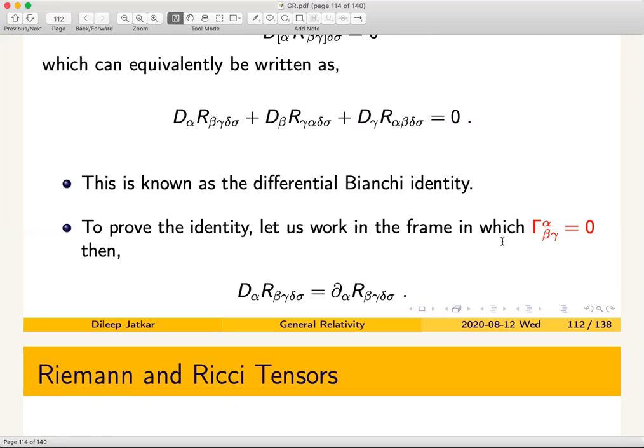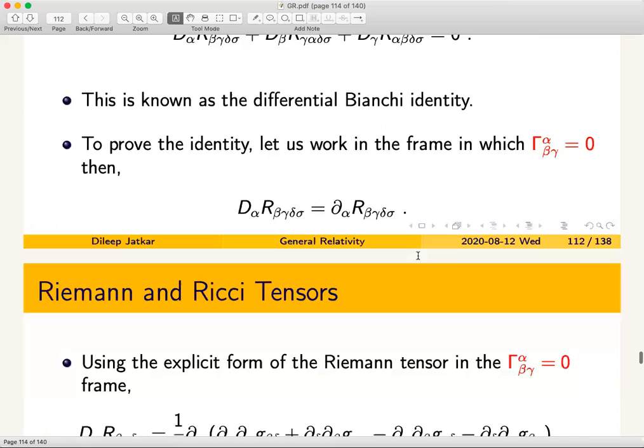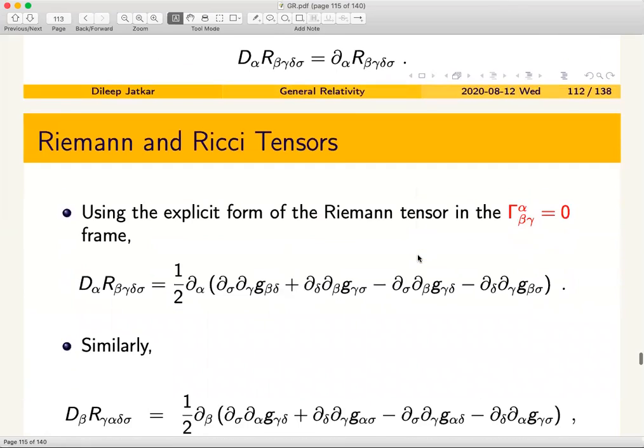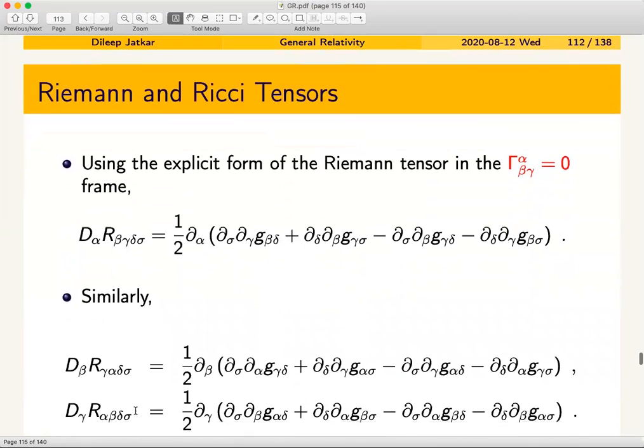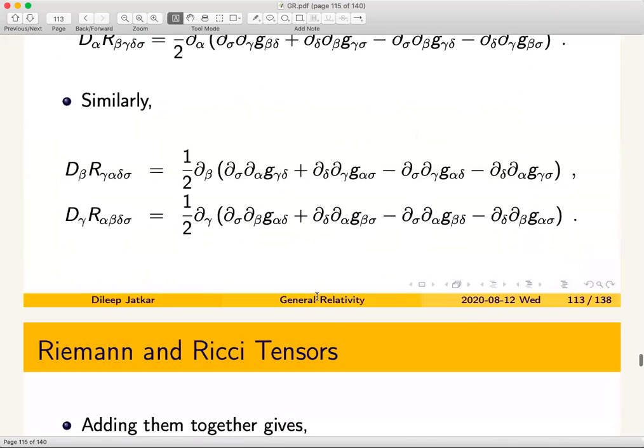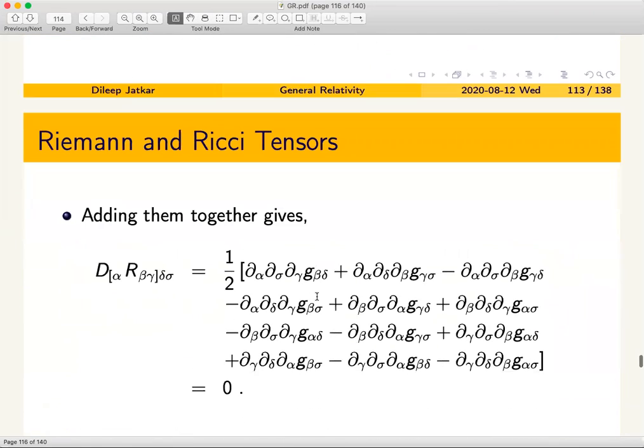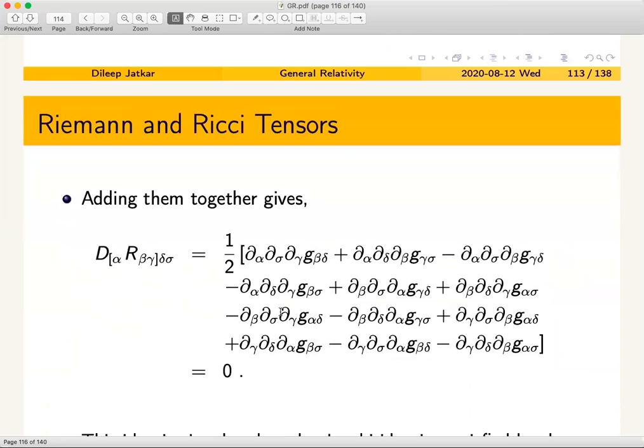frames. So we chose a convenient frame to do the computation, a frame in which the Christoffel connection is zero. That reduces this covariant derivative to an ordinary partial derivative, and we explicitly computed these three derivatives and just added them. When we add these pieces, we find that this expression is explicitly zero in the coordinate system in which the Christoffel connection vanishes.